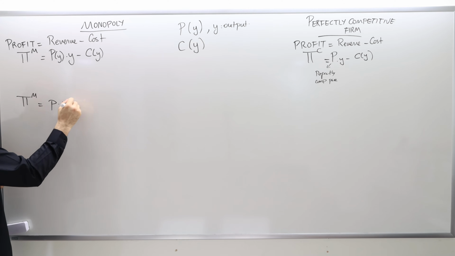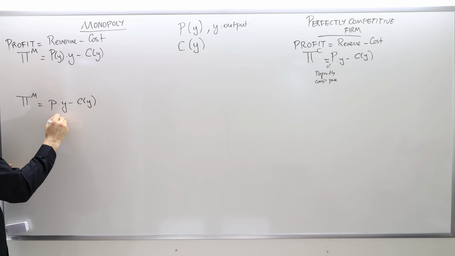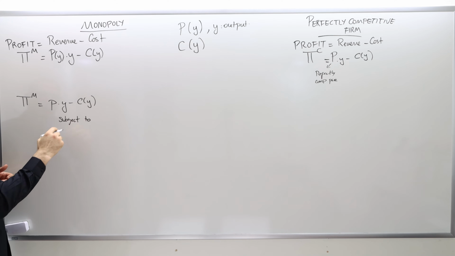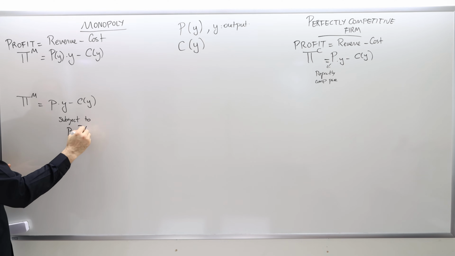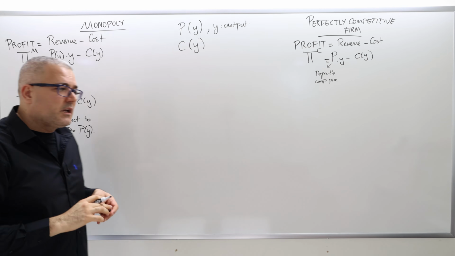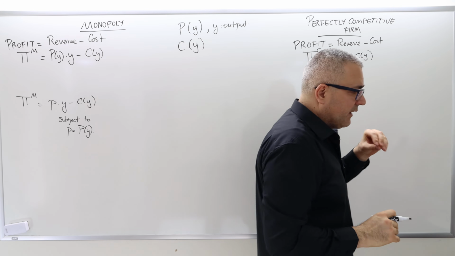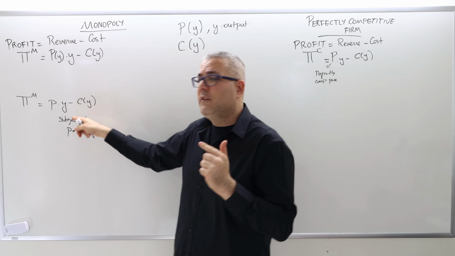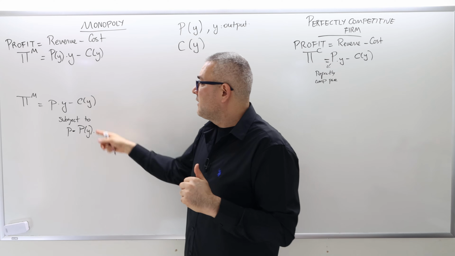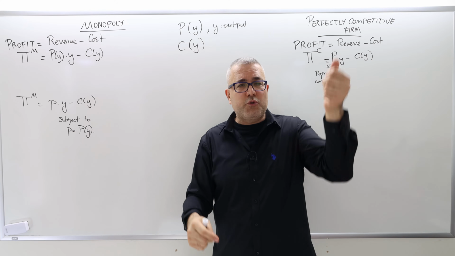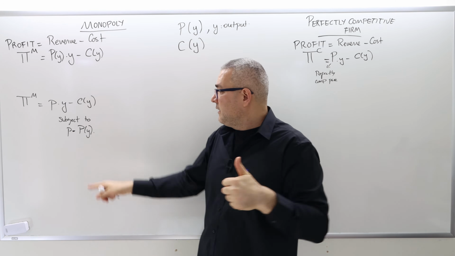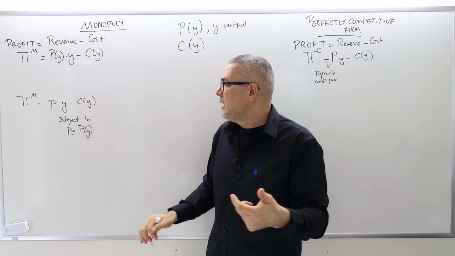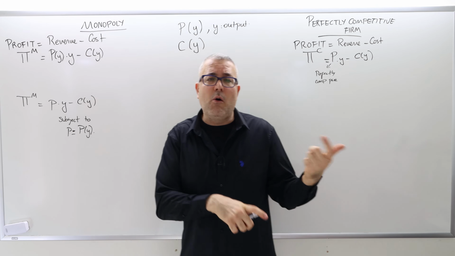In fact, how you could have written the monopolist profit is as follows: P times Y minus C of Y, subject to P equals P of Y. All right? So that means as a monopolist, you can choose P, your price, and quantity Y. But if you choose the price way different than what your demand curve recommends, you would not be able to sell all the products.